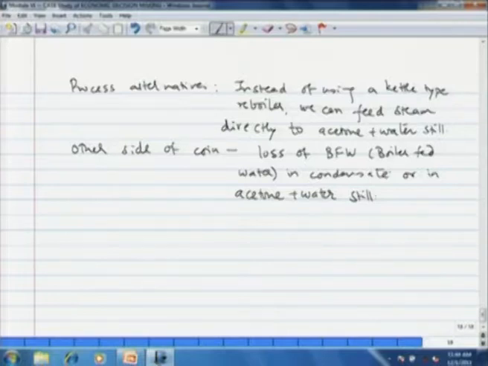Now, depending on the number of streams that you have in the process, you can also go for heat integration of the process, but that is a topic that we are going to separately cover. In the present situation, we have a very simple system, so there is not much scope of heat integration. Okay.